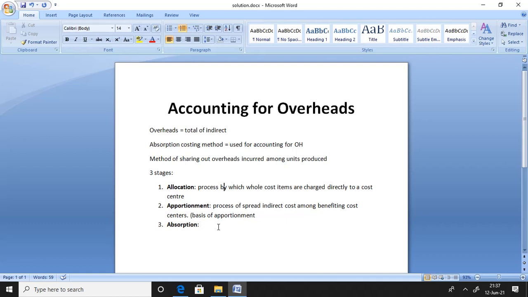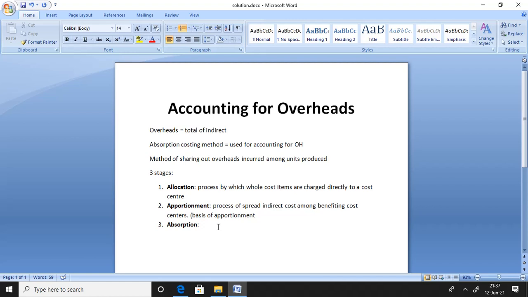Then finally, you're going to do the absorption by calculating the absorption rate, which is the budgeted overheads divided by the budgeted activity levels. Those activity levels can either be in terms of budgeted labor hours or budgeted machine hours, depending on what the department or the company is frequently using.